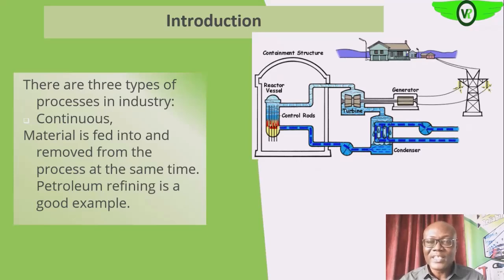So like in this power industry now, you see that the water is continuously fed, okay? Since we have continuous heat generation at the reactor, steam is continuously generated also, and power is continuously given off or generated. That is the product of this process.